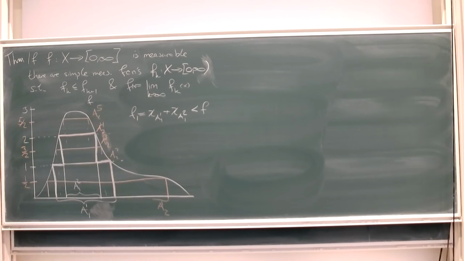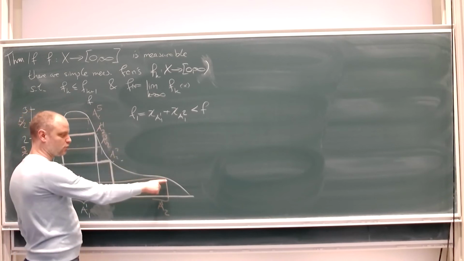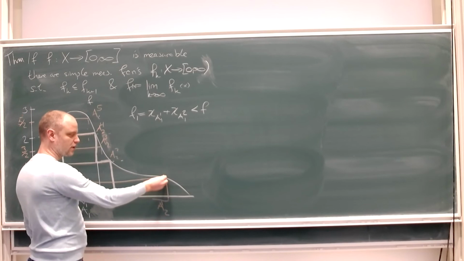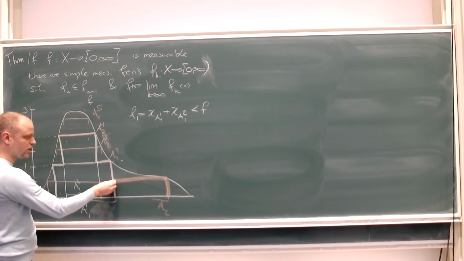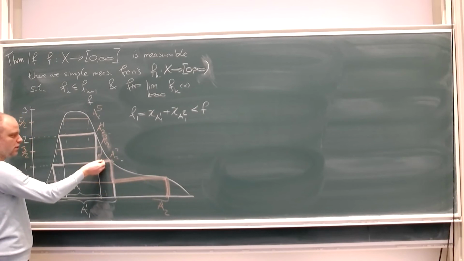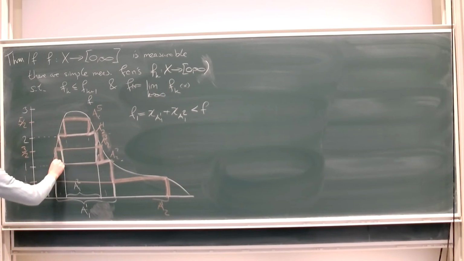Okay. So now if I sum all these ones up, I get something much bigger. I have to remember to multiply with 1/2. Then I go up here, to multiply with 1/2. Then I go up and then I take another half times this one. And I can create this function like this.